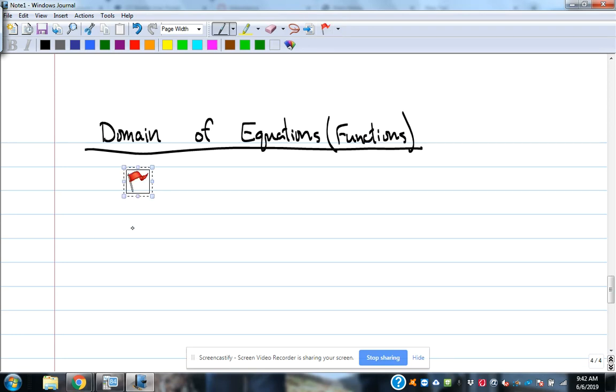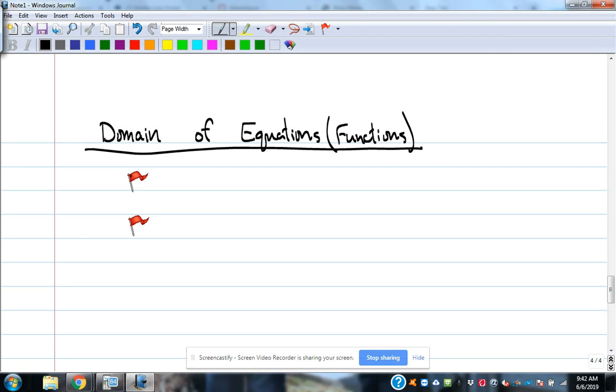So the first red flag, and then I'm going to have a second one. If these red flags show up, then you've got to do some work. If these red flags do not show up, then there's a default domain that we're going to use, and we're going to talk about that.